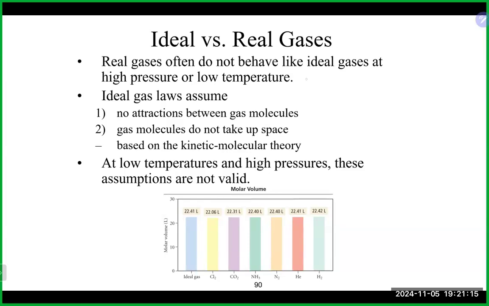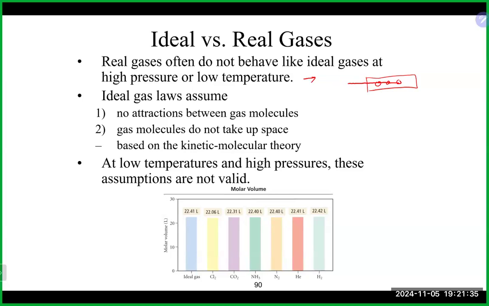The other factor is low temperatures. If we have high pressures in these small volumes and now low temperatures, my gas molecule is moving a lot slower, which means it's going to be near the other gas molecules for a lot longer than it would be in an ideal situation.